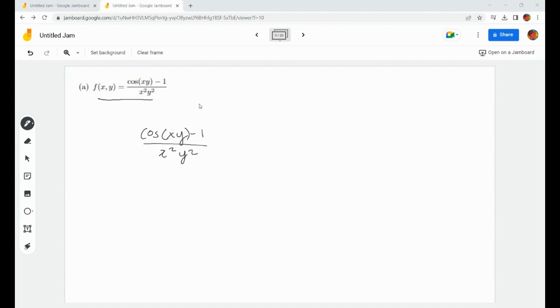But I think it's going to use the squeeze theorem, because knowing this question and looking at the cosine, I'm guessing we'll get something out of it. So, let's just do the problem, okay? We need a substitution first, actually.